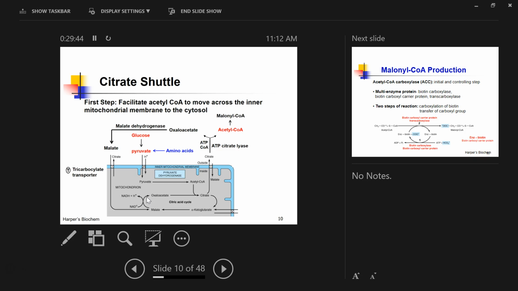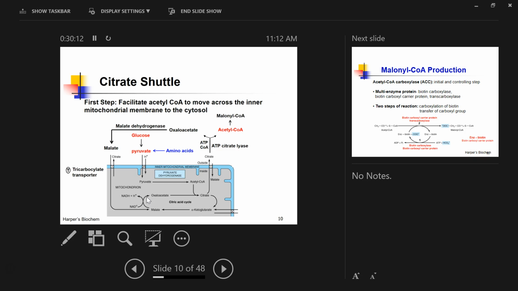Pyruvate to acetyl-CoA. So acetyl-CoA, again, is generated from pyruvate by pyruvate dehydrogenase in the mitochondria. And so fatty acid synthesis starts from acetyl-CoA, right? Acetyl-CoA, once it's generated in the mitochondria, then enters the TCA cycle, if you still remember, right?